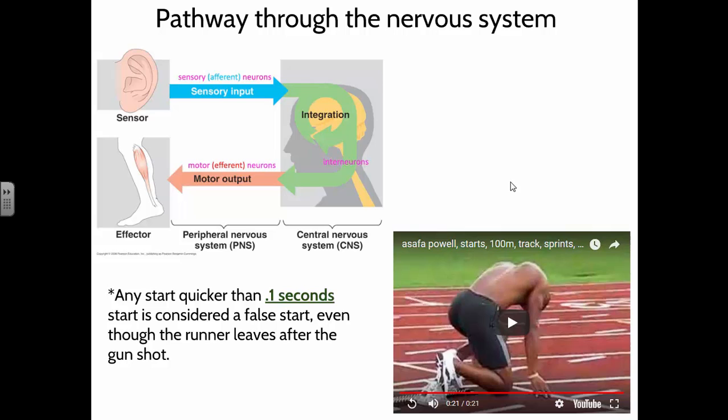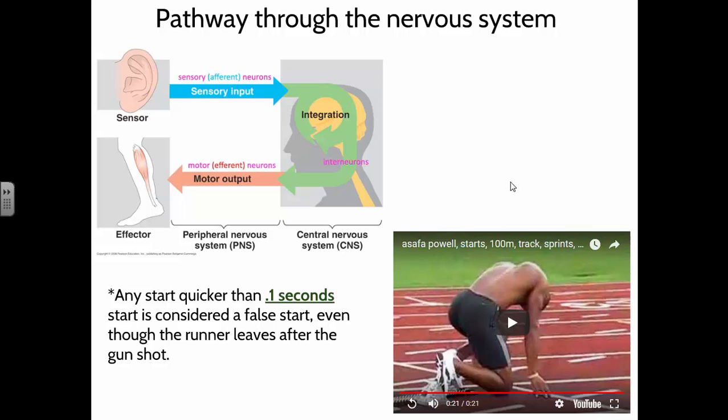Because nobody has a reaction time that could start that fast. Nobody could possibly hear the gun go off and send the message to their leg muscles to begin their sprint that fast. It's impossible.